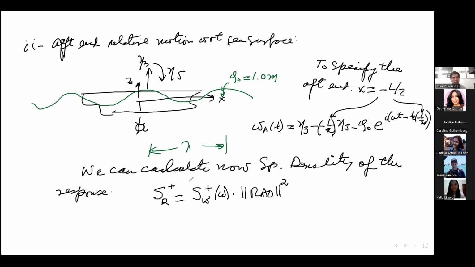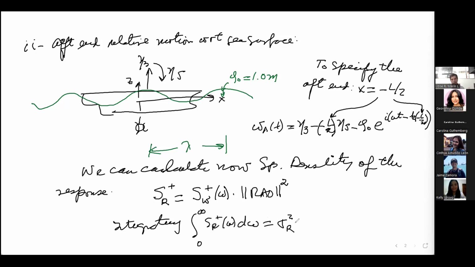Now, for any case, forward or aft, we can integrate the area below this function. So integrating, we get sigma squared of the response.